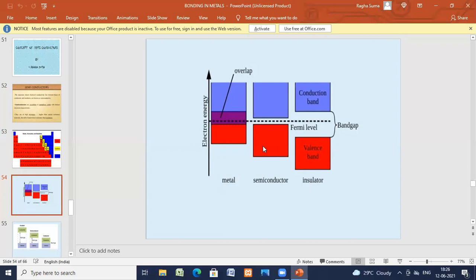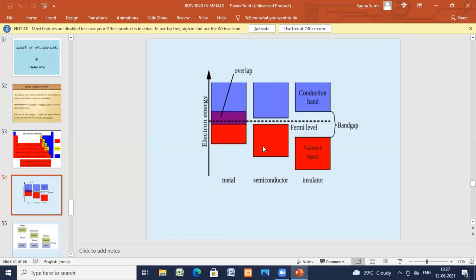The sp3 hybrid orbitals form four covalent bonds of equal angular separation, leading to a tetrahedral arrangement of atoms in space, and the resulting crystal structure is known as the diamond cubic crystal structure.